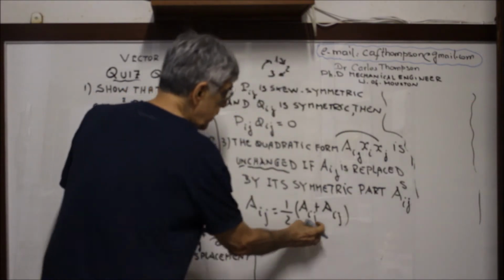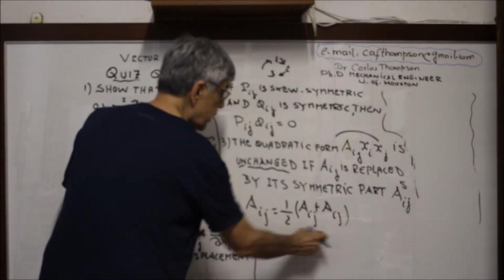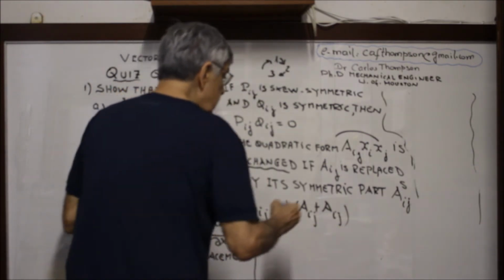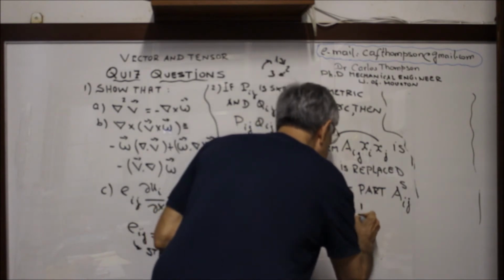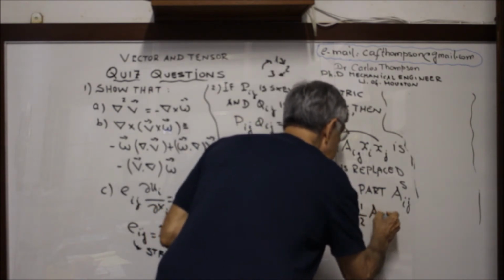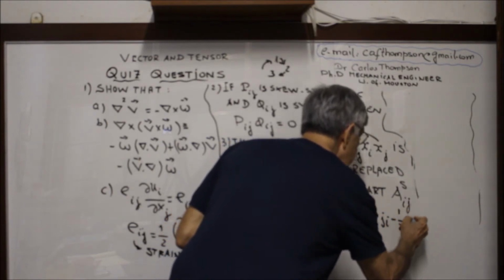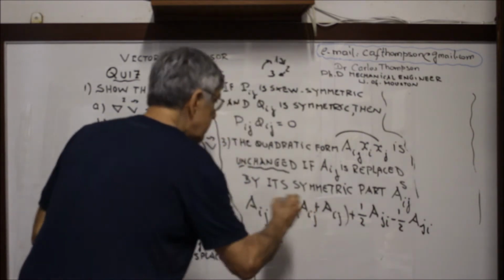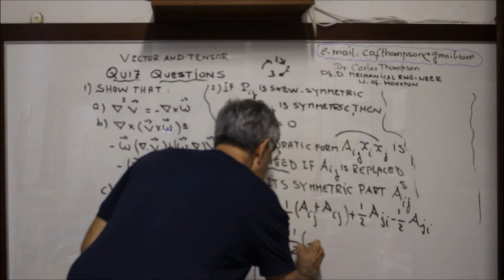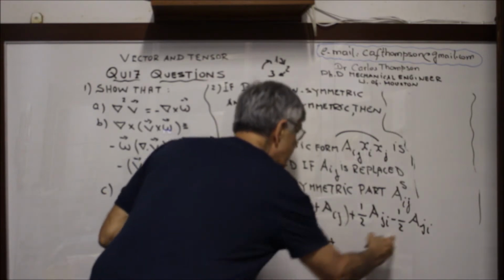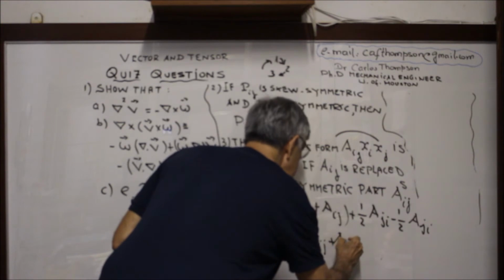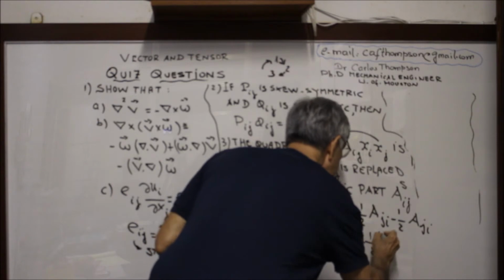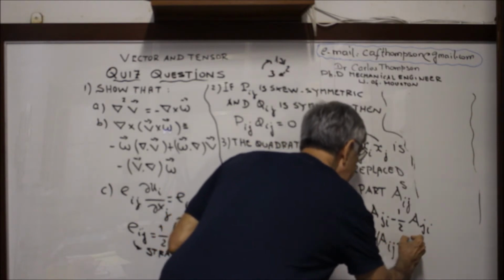Obviously Aij plus Aij is 2 times Aij, and one half times 2 times Aij will be Aij. Now I'll put one half of Aji minus one half of Aji. Now I can combine these terms and put it in here: one half of (Aij plus Aji) plus one half of (Aij minus Aji).